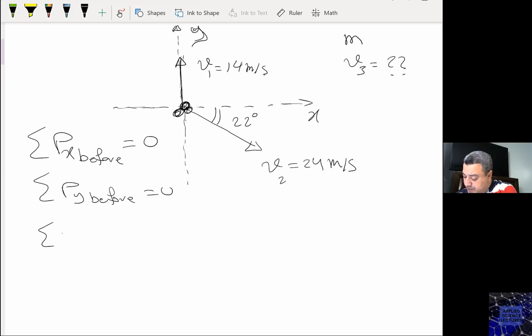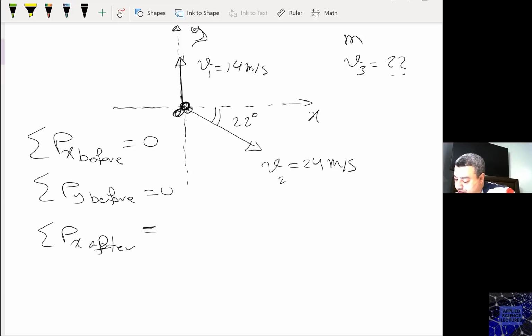Now sigma px after, we'll do this one by inspection or in a probably faster way than the one we did before.